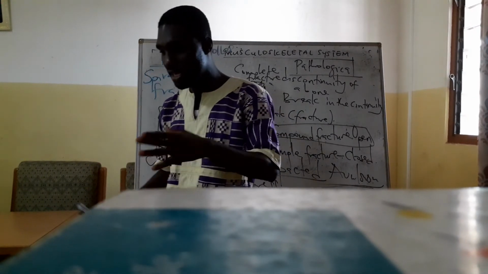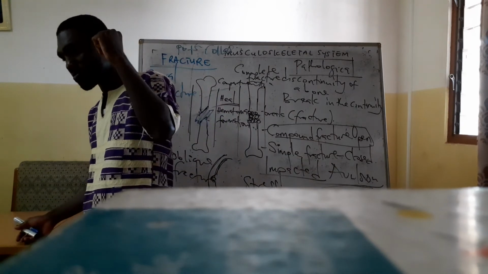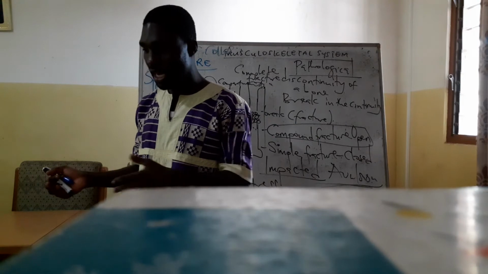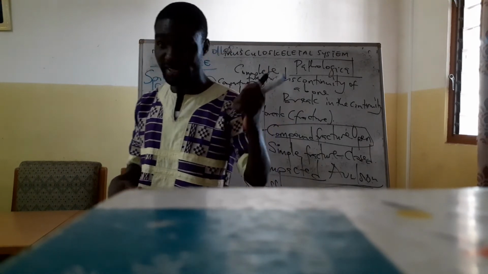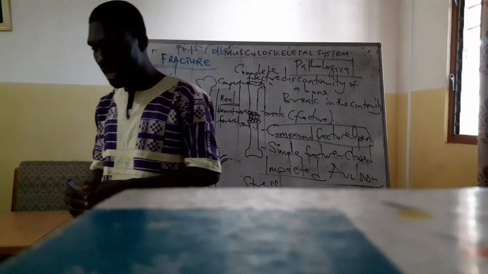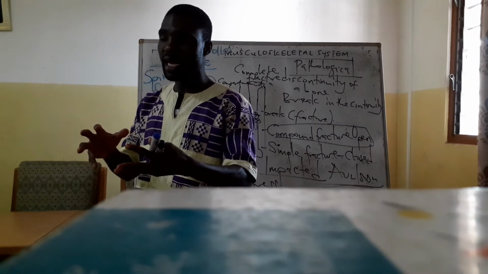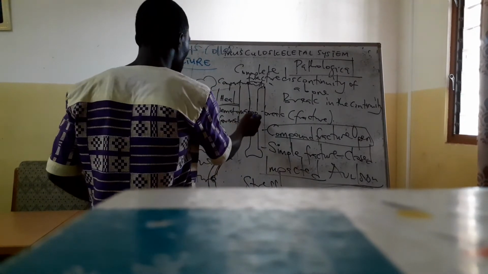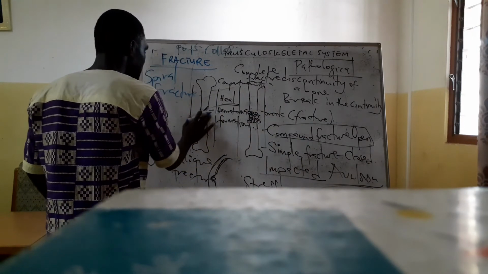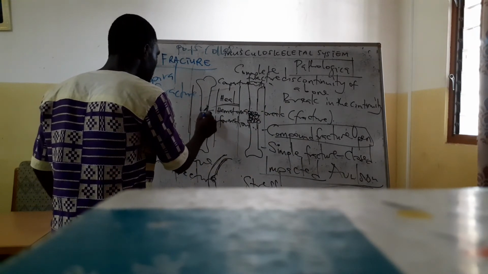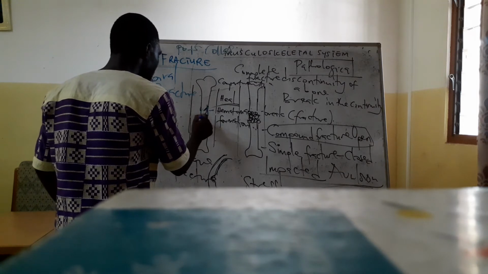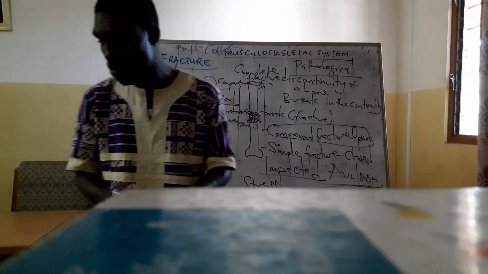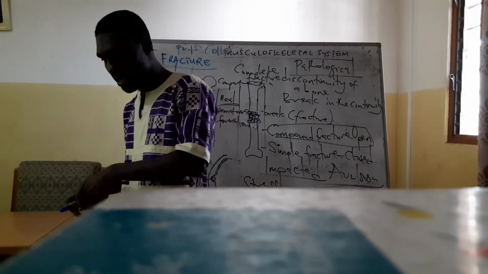So for vasodilation, there are other hormones, histamine, etc. that will be released to cause vasodilation to increase the blood flow to the site of the fracture. So when the blood gets there, it leads to hematoma at the site of the fracture, because without this the bone cannot join together. So the blood will form what we call hematoma at the site of the fracture.